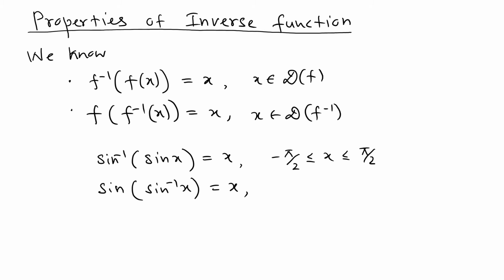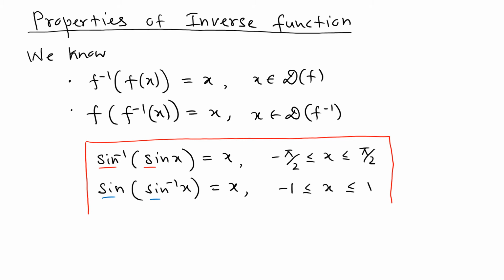So it looks like they cancel each other, but only if x is in the right domain. In this case, x has to be between -1 and 1. This is one of the interesting properties, and it will be very useful when you try to find several sine and sine inverse combinations.